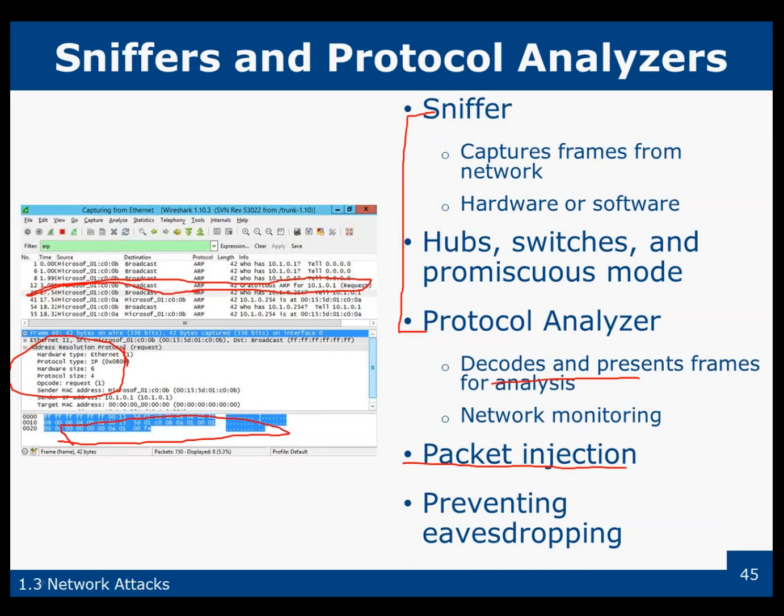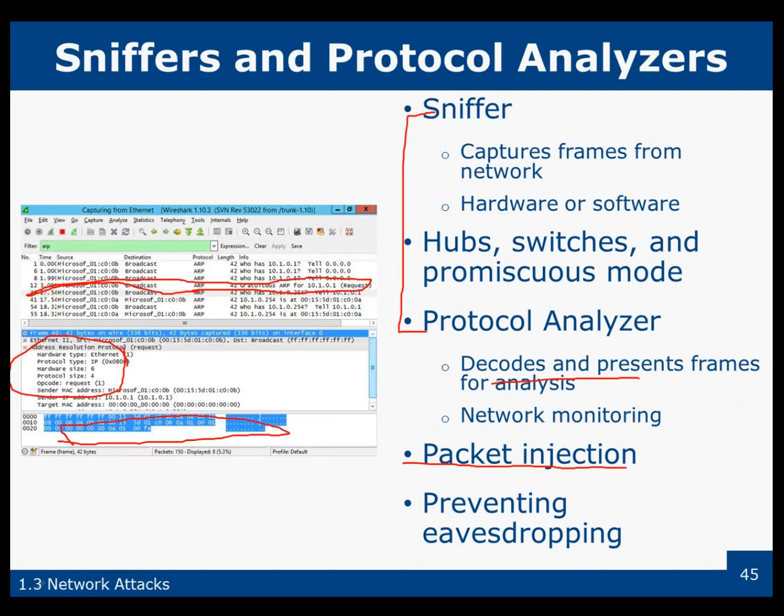It kind of talked about preventing eavesdropping. Can you do it? Yeah, kind of, sort of. Nmap has a script that allows you to monitor your network for NICs that are in promiscuous mode.